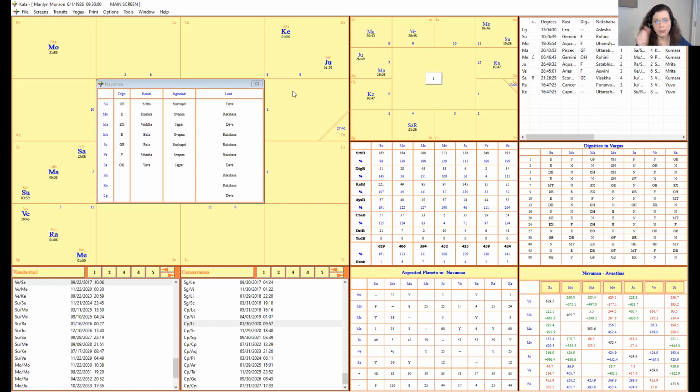But overall here, we can see that Jupiter is in a difficult house placement in the 12th house, and it's in great enemy dignity. So how can we tie this in together? What can we synthesize from this data?